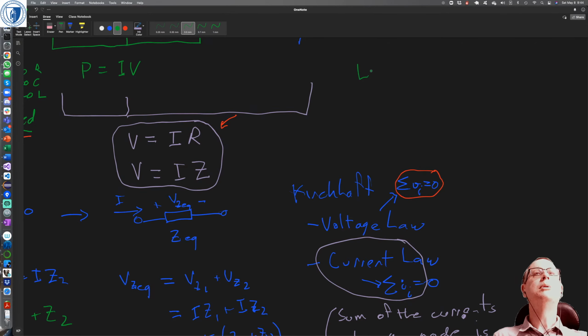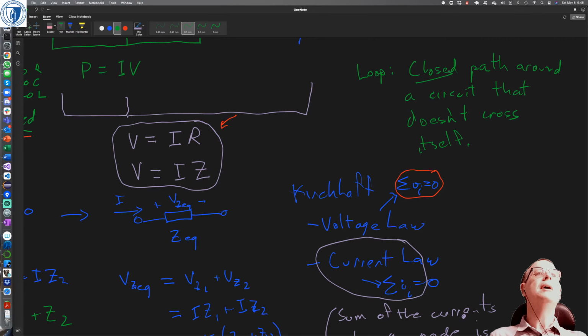And a loop is a closed path around a circuit that doesn't cross itself. Right, and closed means that it begins where it ends. So that's what a loop is.